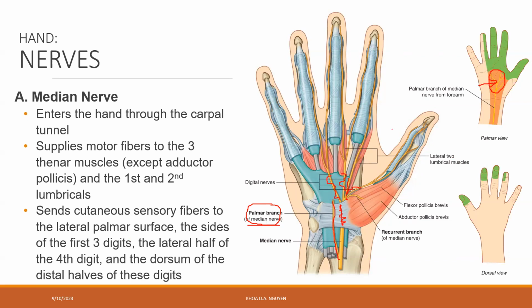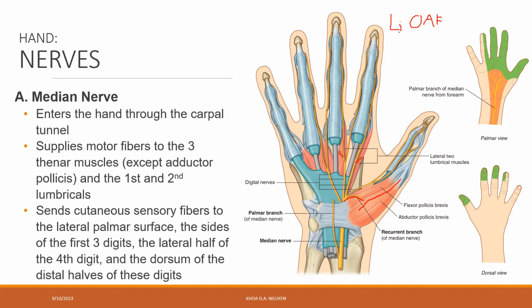But then look at the median nerve and how it innervates everything else as it goes through the carpal tunnel. It can go over here and innervate what? Abductor pollicis brevis, flexor pollicis brevis, and opponens pollicis. And then there will be a branch right here that goes into these two lumbrical muscles, like we have said before.